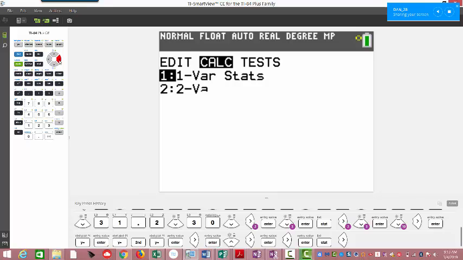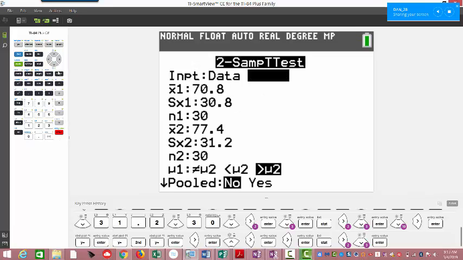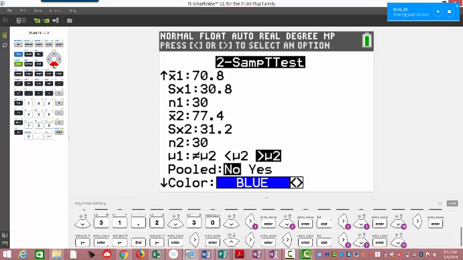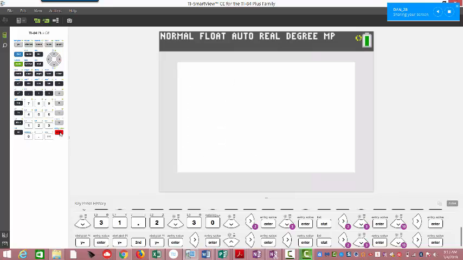So let me go back into my test and see if it will plot. Okay, that very likely was the problem, whatever was in my stat plots.